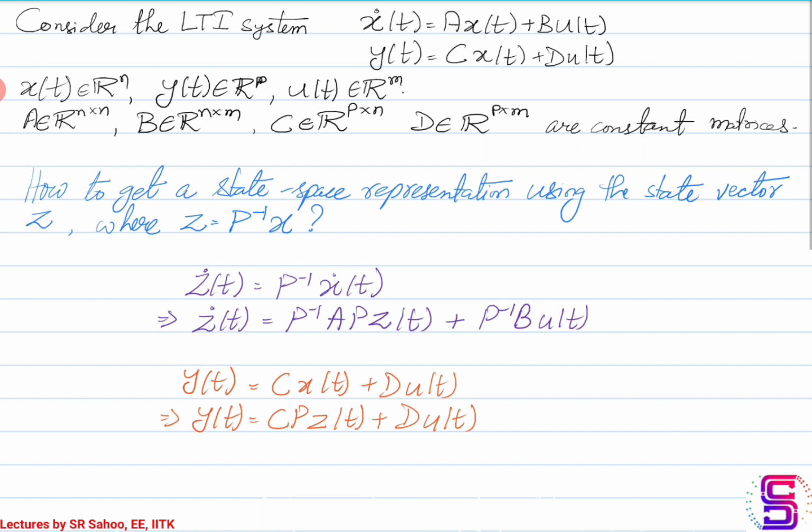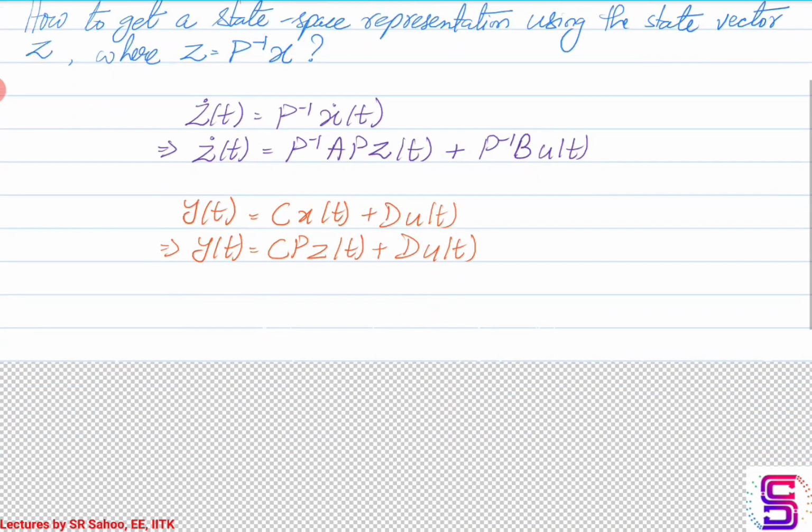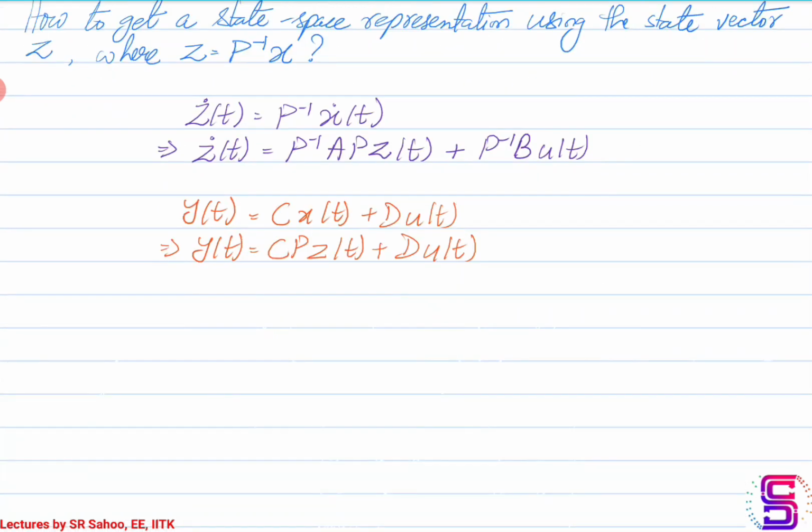So the matrices in the state space form using the state vector z are P inverse AP and P inverse B, corresponding to the A and B matrices with respect to state vector z, and the corresponding C and D matrices with respect to the state vector z are CP and D.